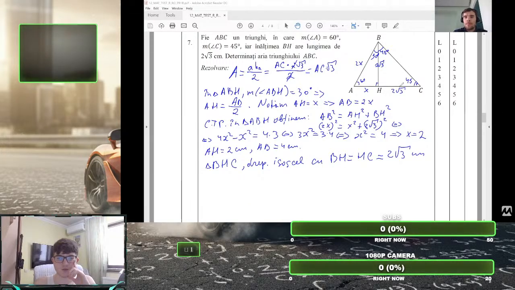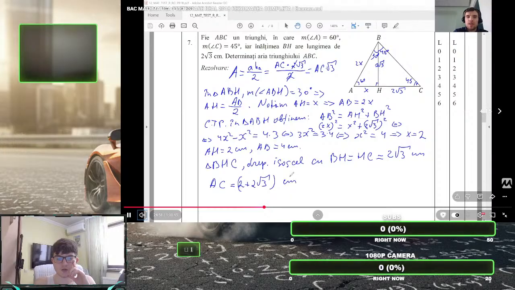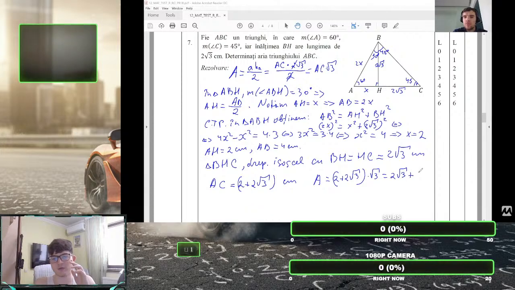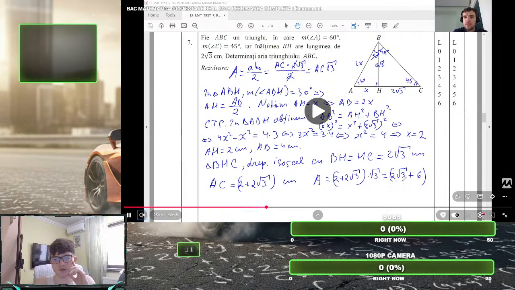So AC is gonna be 2 plus square root of 3, and multiply that with square root of 3. So we have to multiply every term, so we have 2 square root of 3 plus 3, centimeters squared because it's area. So that is what we write down as the response.